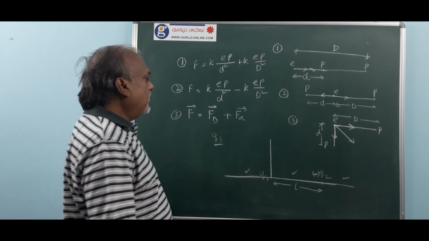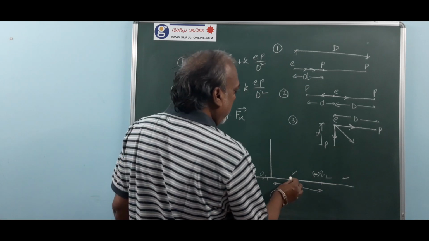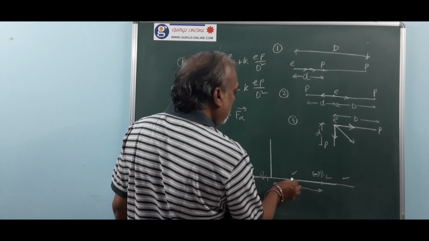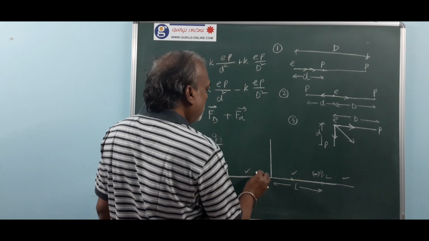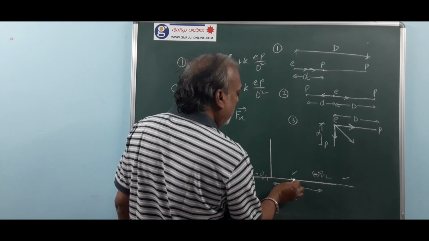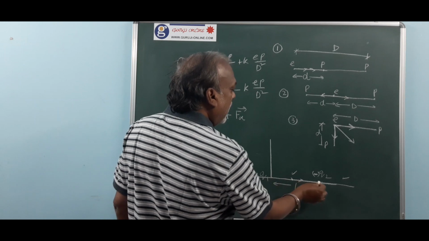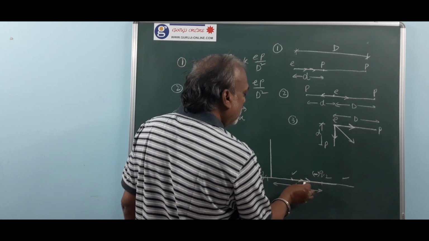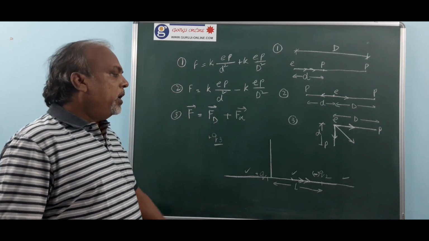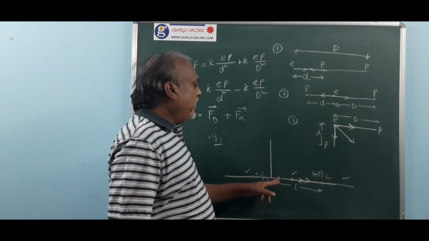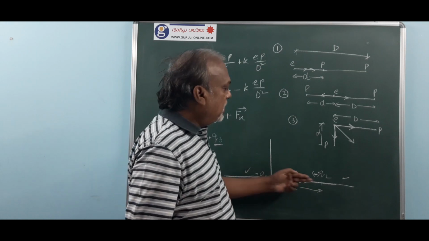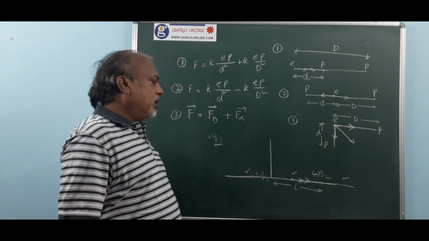So let us first put this charge Q3 in this region. What will happen? It is a positive charge. This is also positive. So this will have a repulsion like this due to this, and an attraction like this due to this. Naturally, in this region it cannot have any equilibrium, because anywhere in between these two charges, this will just drag in this direction.